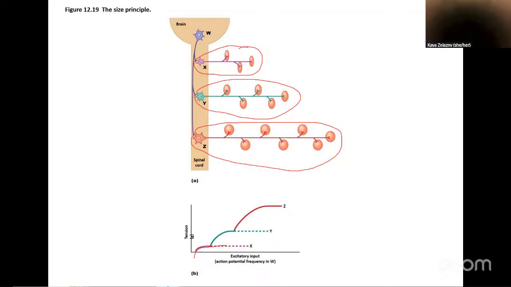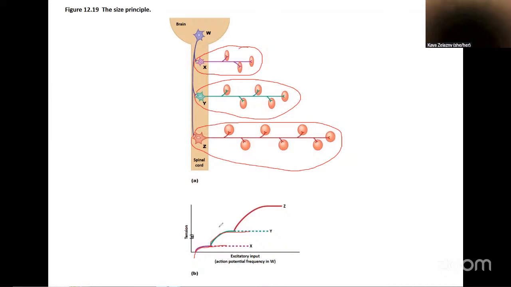Now, after a little bit of time, we've got enough neurotransmitters coming to this synapse with our motor neuron that we're able to depolarize motor neuron Y. When it depolarizes and sends its action potential, it grabs more of our muscle fibers. So now we've got 5 medium-sized muscle fibers contracting. The muscle fibers from motor unit X are still going, so they're not relaxing yet.